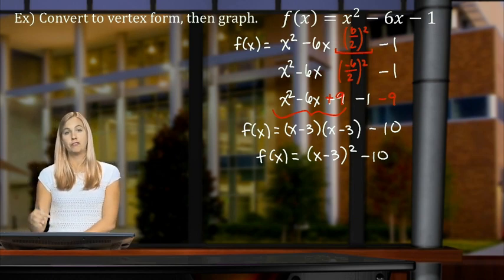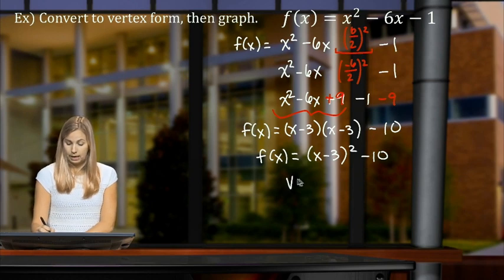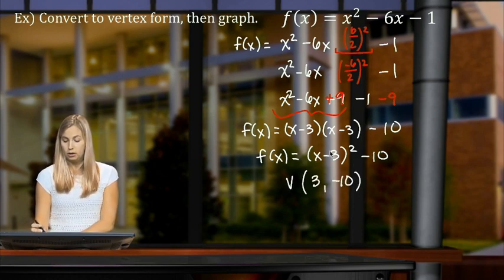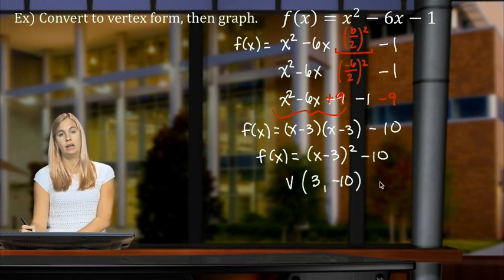Now, if you remember, the vertex form explicitly gives us the vertex. This tells me that my vertex is at positive 3, negative 10. We're going to change the sign of the value that's on the inside of the parentheses. We're going to keep the sign of the value that's on the outside of the parentheses.